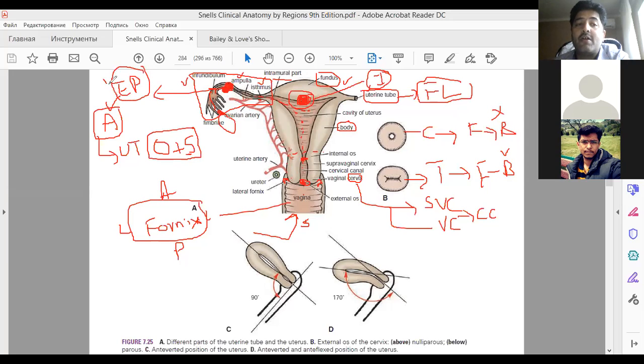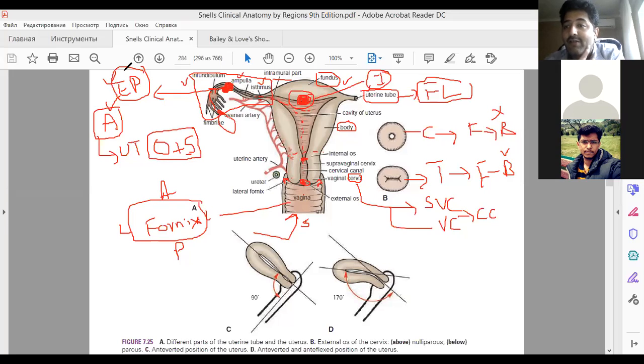Very, very important clinical correlation. This point is also very important: normal fertilization of the ovum and the sperm takes place in the ampulla of the fallopian tubes.